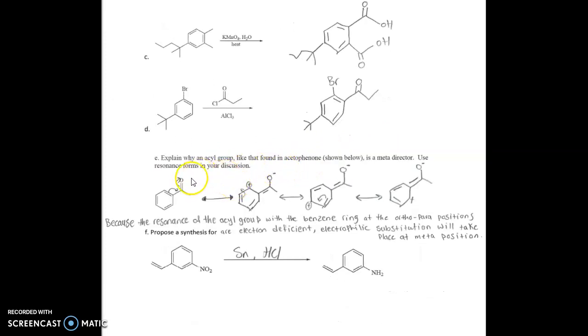For question number E, it says explain why an acyl group like that found in acetophenone is a meta-director, using resonance forms in your discussion. So here the double bond breaks, and then here the double bond breaks, and we get the electrons up here to the oxygen, so we see the negative charge. And then here the double bond is broken again.